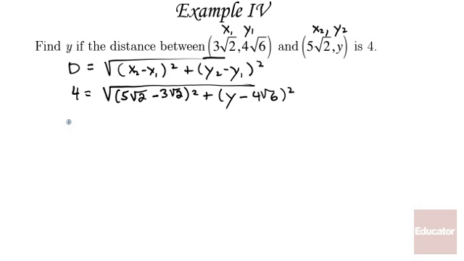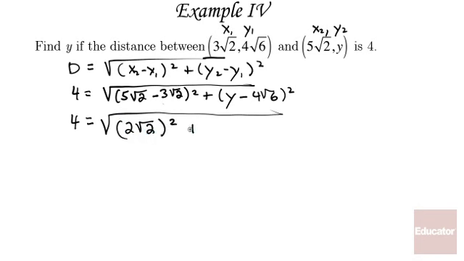Okay, so I now have 4 equals, and I want to do any simplifying that I can, and what I see under here is I have like radicals. So both of these have a radical 2, and that means I can subtract. So 5 minus 3 is 2, radical 2 squared, plus y minus 4 square root of 6.